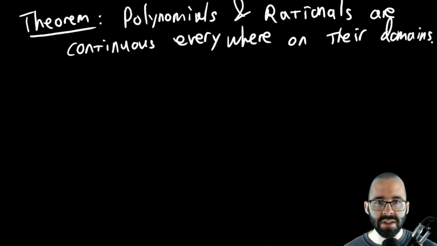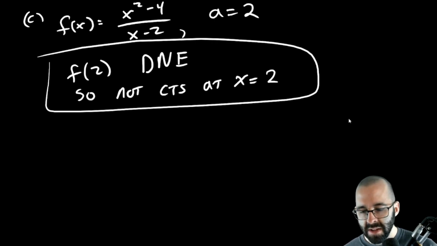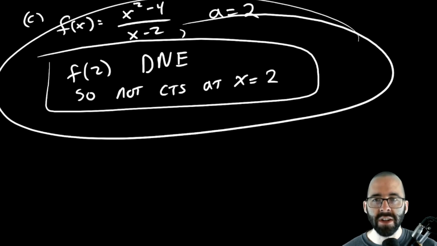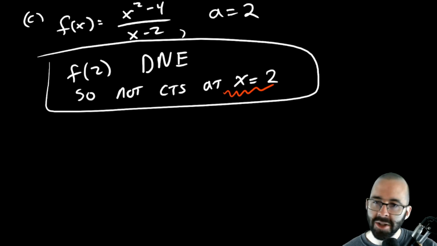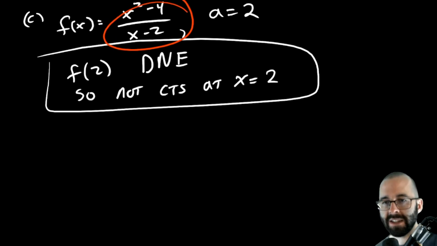Rational functions are continuous everywhere on their domains? Jason, we just showed this rational function wasn't continuous. But remember that 2 is not in the domain of this rational function. In fact, 2 is literally the only point that is not in the domain of this rational function. And this rational function is continuous everywhere except 2.